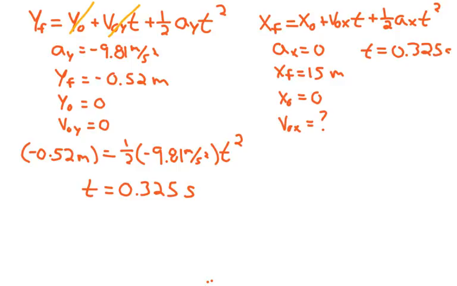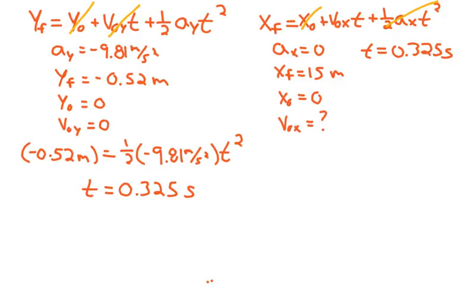0.325 seconds. Now you can see that when I plug in my initial position in the x, the first term goes away. When I plug in my acceleration in the x direction, for ax, the third term goes away. So now I've got a relatively easy equation that I can use. Let's go ahead and plug in xf, since we know what xf is.